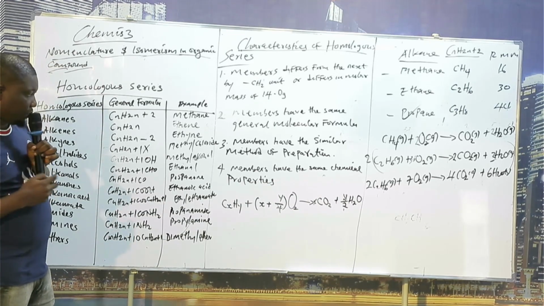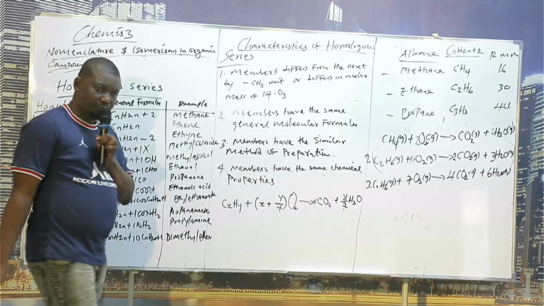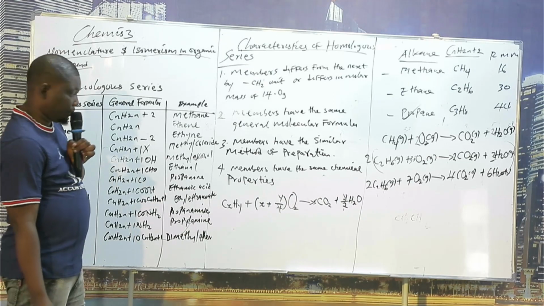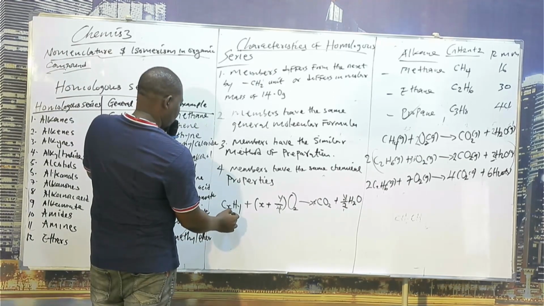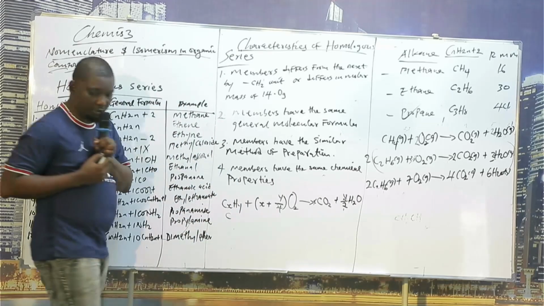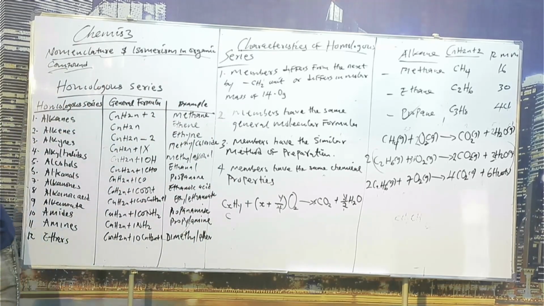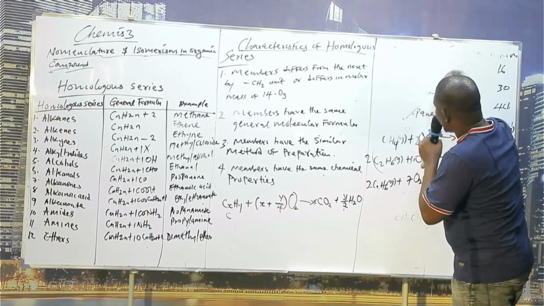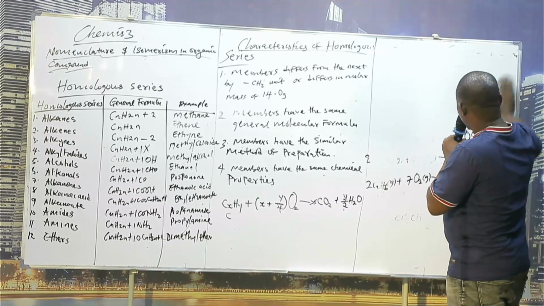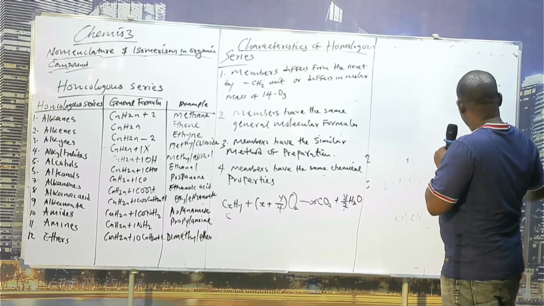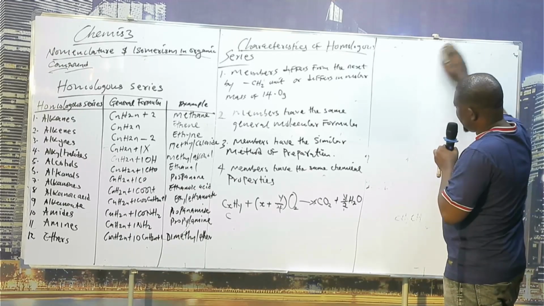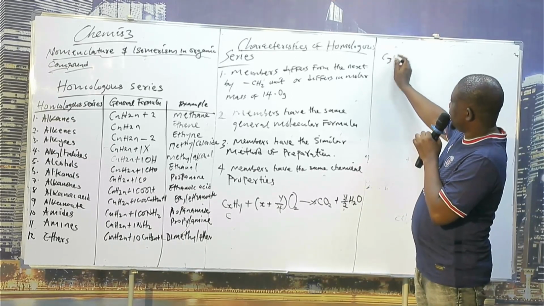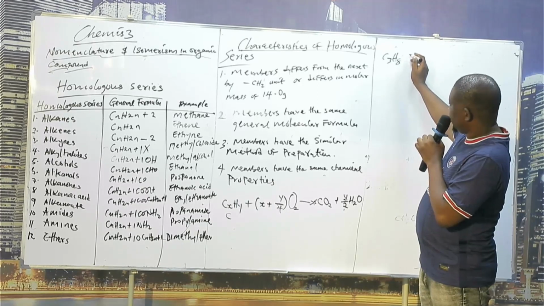You can as well use the general formula to balance all of them. For instance, I want to do the last one. Propane is C3H8.